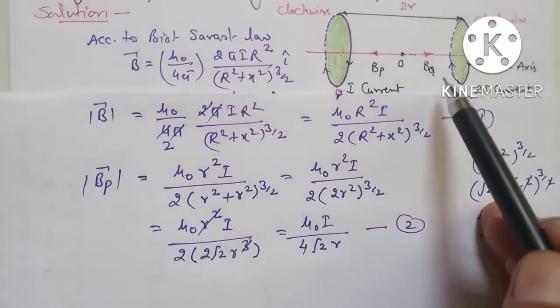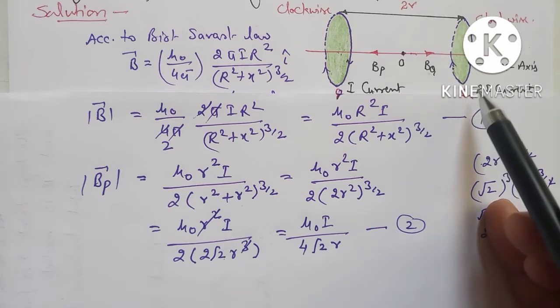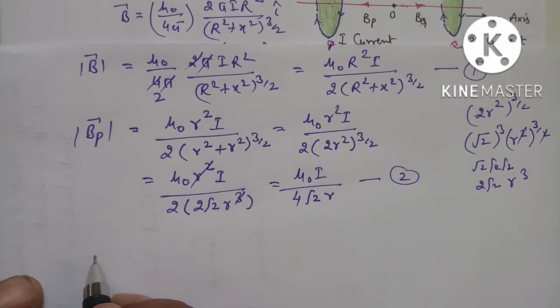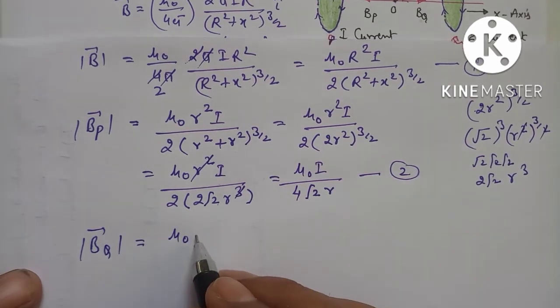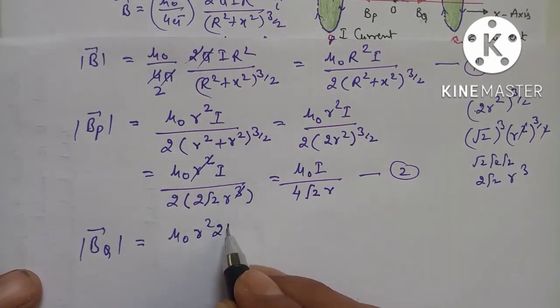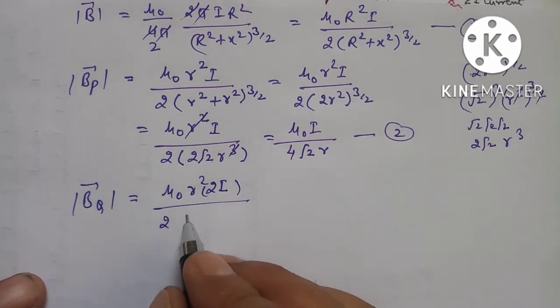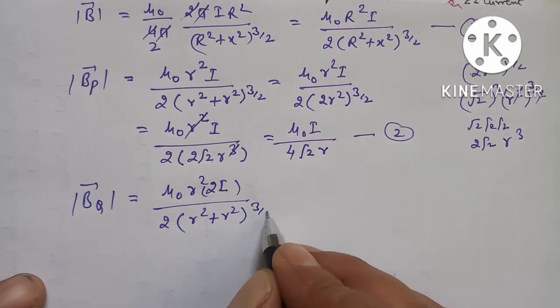Now we are going to calculate the magnetic field at O due to this circular coil Q. Let us suppose that is BQ, and this is equal to mu naught, radius of coil Q is also r, so r square, and the current flowing through coil Q is 2I, over 2 times (r square plus r square) raised to power 3 by 2.